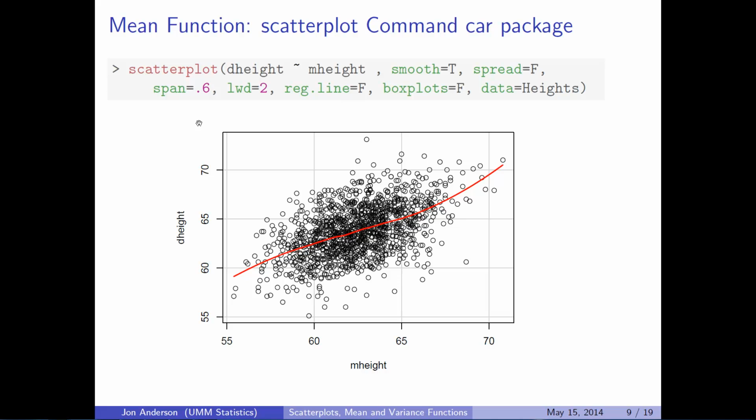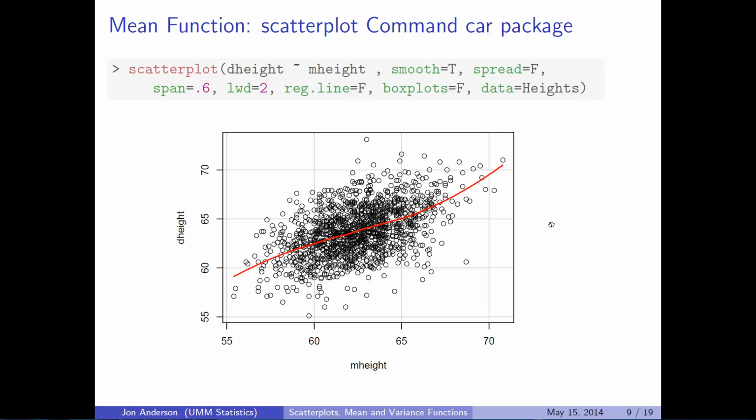We use a scatter plot command that's very similar to what we used to just graph the points, but now we've added some options to have smoothing. Smoothing equals true, and the span and the line width give us control over how the line and the mean function is represented.